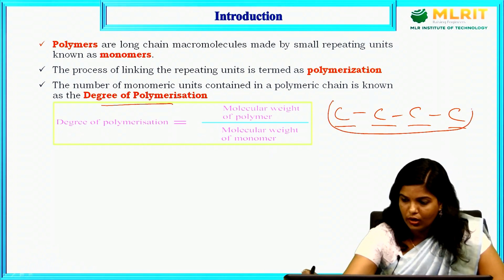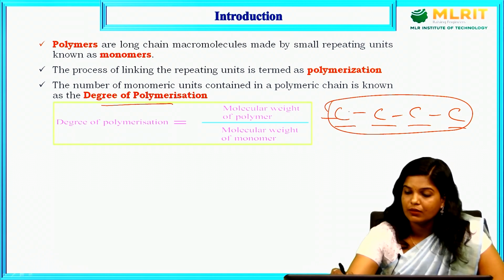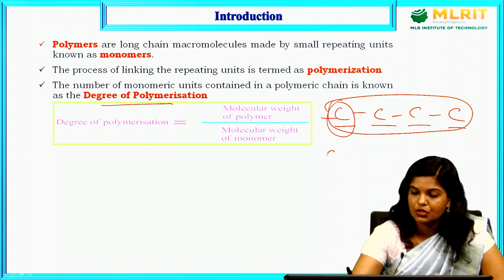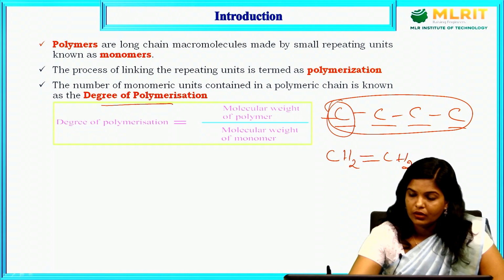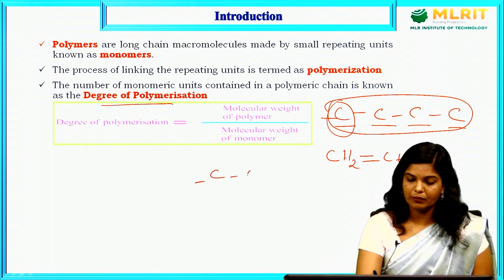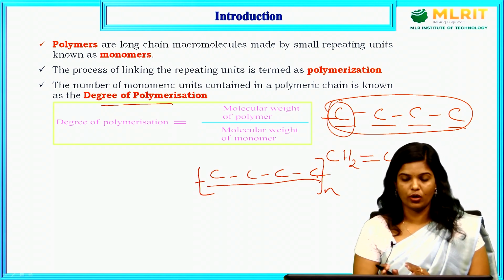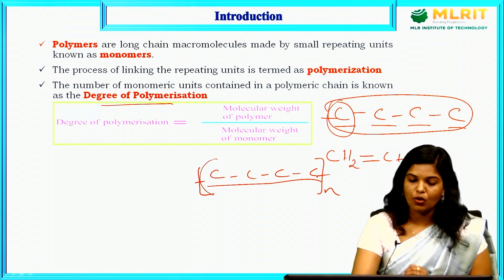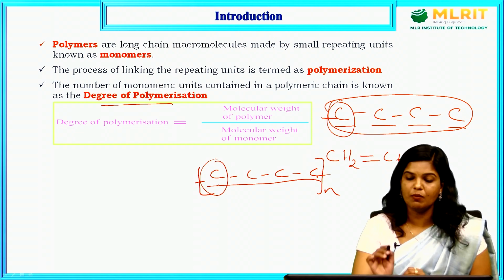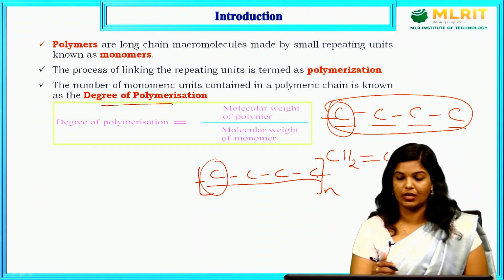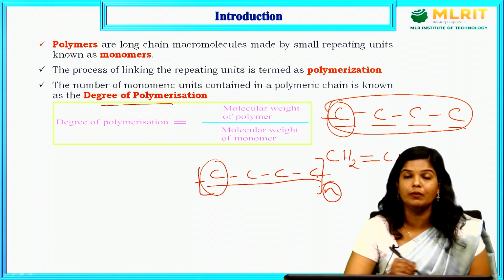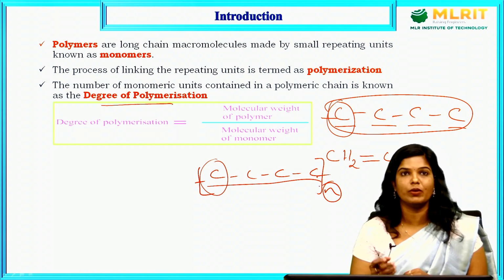The molecular weight of the polymer divided by the one monomer, because it is getting repeated, is the degree of polymerization, and it is always represented by the term n, because we don't know how much it will be.